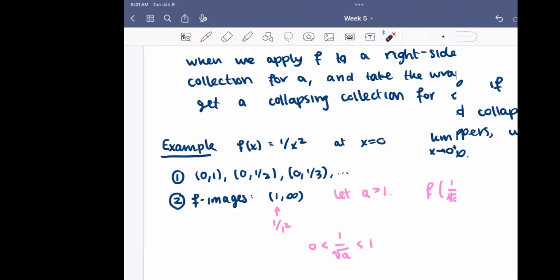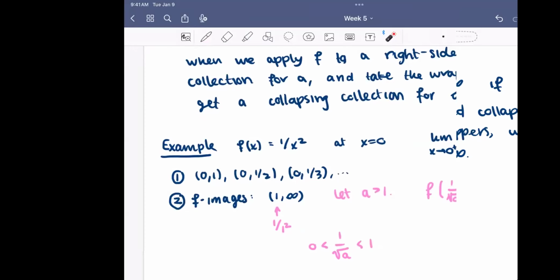And my guess was that if I plugged in 1/square root a, that would give me a. And that worked out. And so then the only thing that was left to show is that 1/square root a actually came from this interval, which is true because of this. Okay, so that tells me that the f image is actually 1 to infinity.